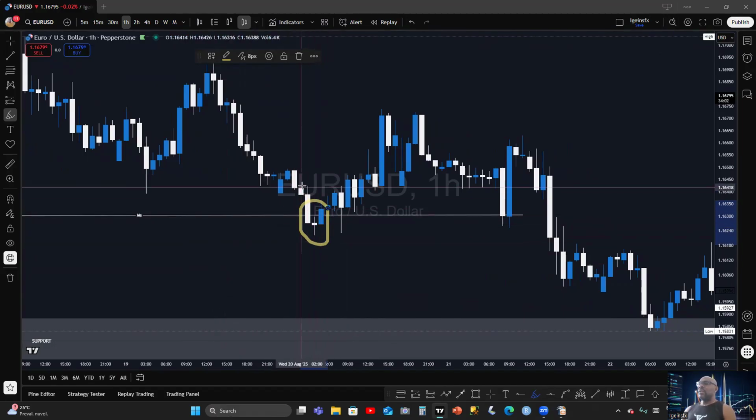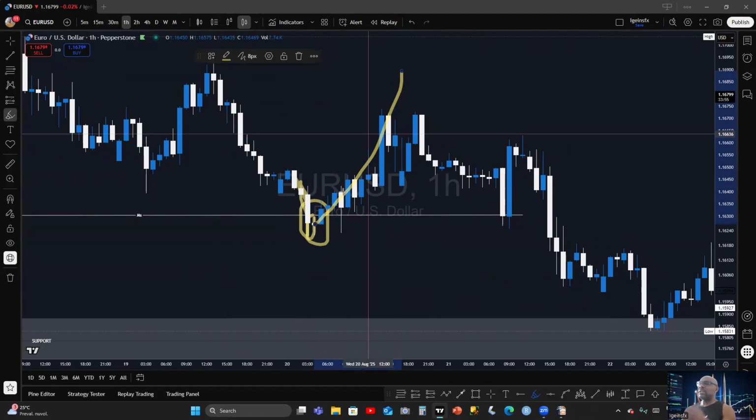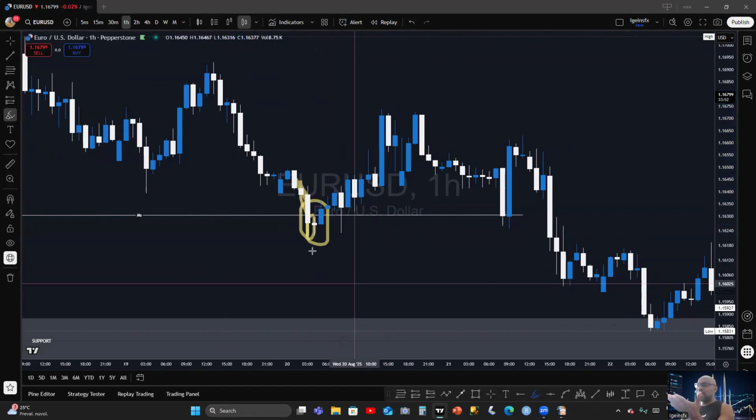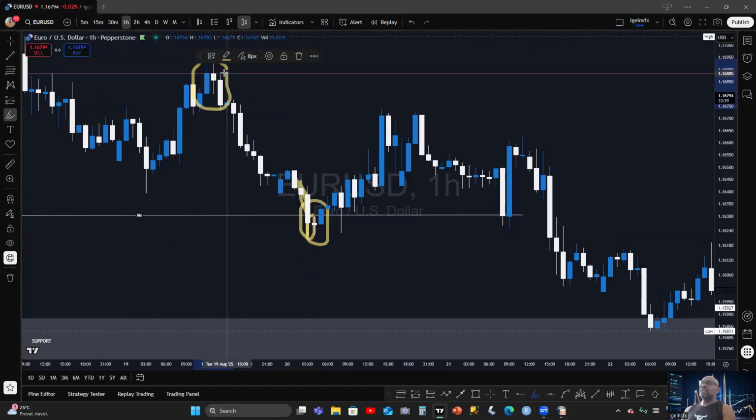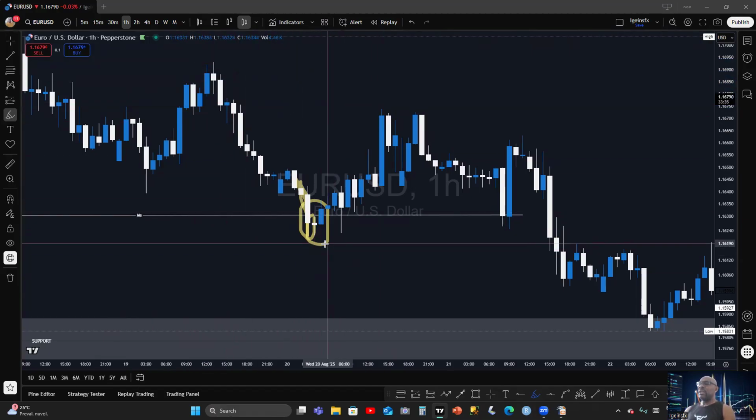Now, you see price decreasing, got to this point, formed this, then price started pushing to the upside. This is a morning star. The morning star will appear at a support level. Evening star will appear at a resistance level. Usually 3 candlesticks. But I've showed you guys.